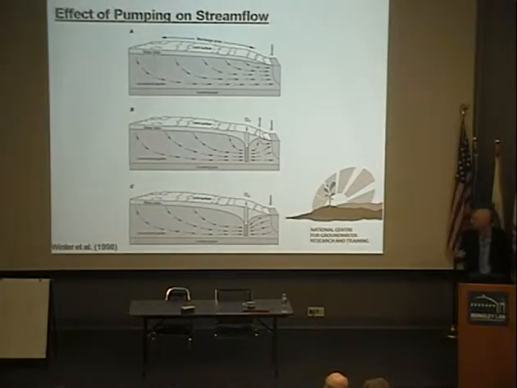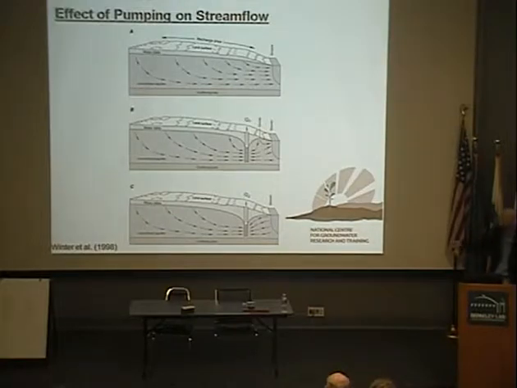And this is just a very simple schematic from a report of Winters. So here on the top, initially a gaining stream where the groundwater is flowing into the surface water. In the second diagram, there's a bore some distance from the stream, and that bore is intercepting groundwater that would have discharged to the stream. It's not at this time actually pumping stream water.